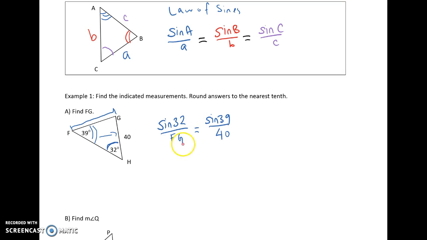All right, so then I can create a proportion so I can cross multiply to solve. And again, I was able to do that because I had two pairs of opposite angles and sides. So let's go ahead and cross multiply. I'm going to get 40 sine 32 is equal to FG times sine 39, put that in parentheses. And then I want to get FG by itself, so I'm going to divide by sine 39.